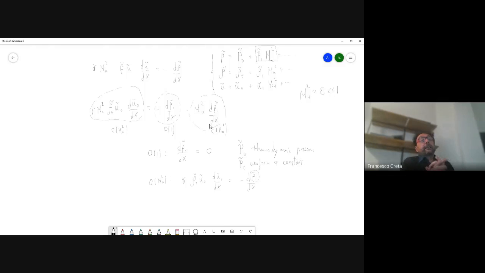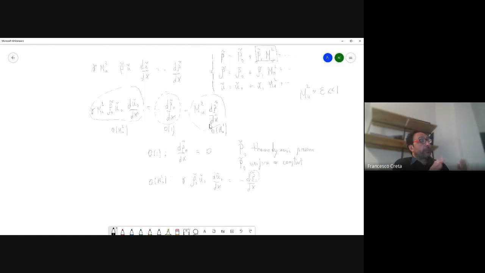So what happens is that the fluid flow is set into motion only as a result of variations in the higher order pressure, which is very important because in low Mach number flows you can completely forget about things like acoustic waves or shock waves, which usually propagate at very high speed.